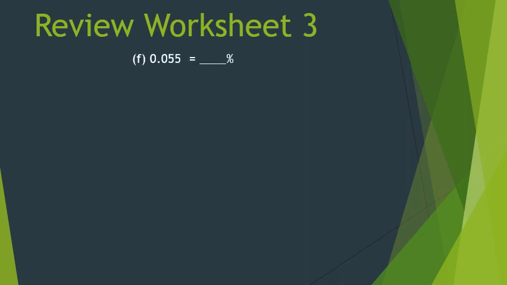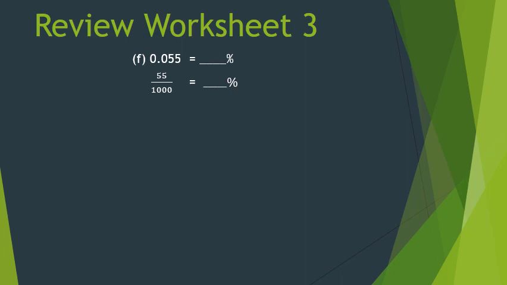Now children, let's come to the F part of question number 1, which is there is a decimal fraction 0.055 and you have to write this decimal fraction as percentage. So first of all, we have to change the decimal fraction to common fraction. So how will we do it? Let us see. It will become 55 upon 1000.